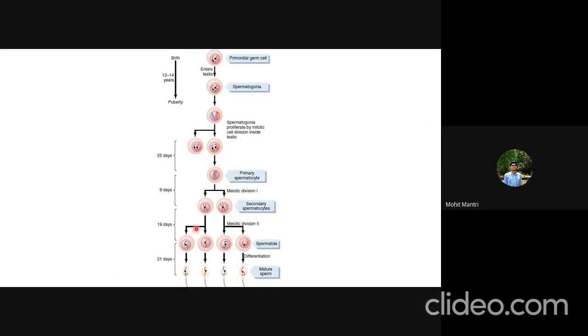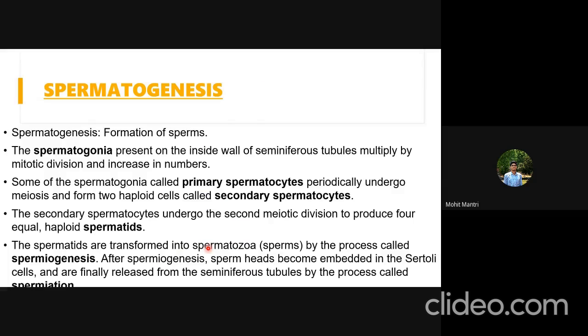These four haploid cells are spermatids and they are equal in size. Later on, their differentiation takes place, and these circular spermatids are transformed into spermatozoa or sperm, which are haploid in nature and all equal in size. The spermatids are transformed into spermatozoa by the process known as spermiogenesis.